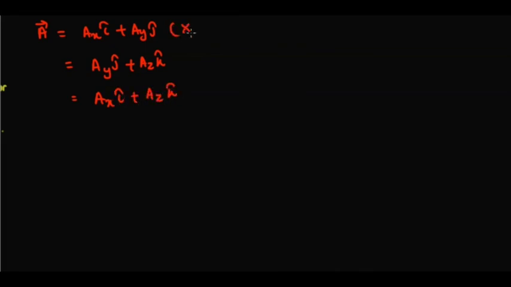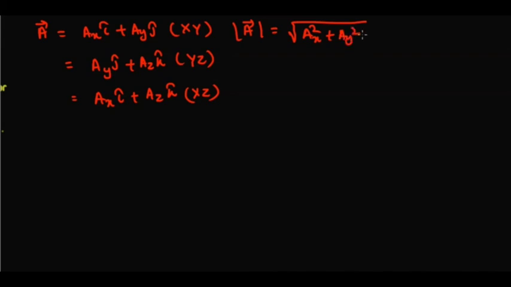This is in xy plane, this is in yz plane, and this is in xz plane. So in the first case, the magnitude of vector A is equal to square root of AX square plus AY square.